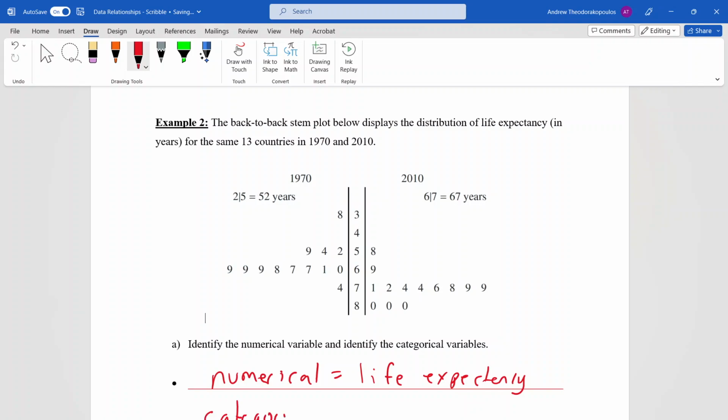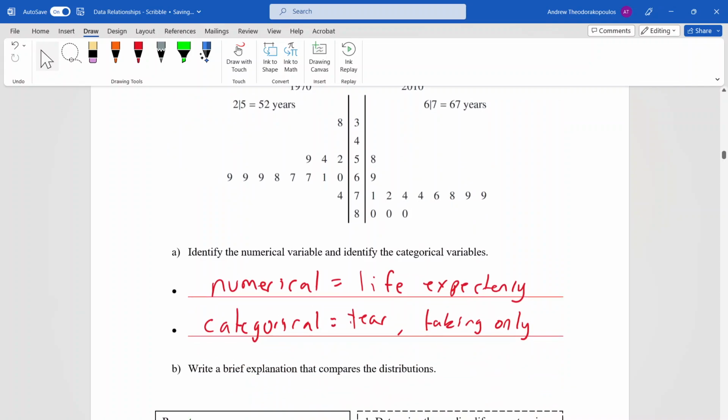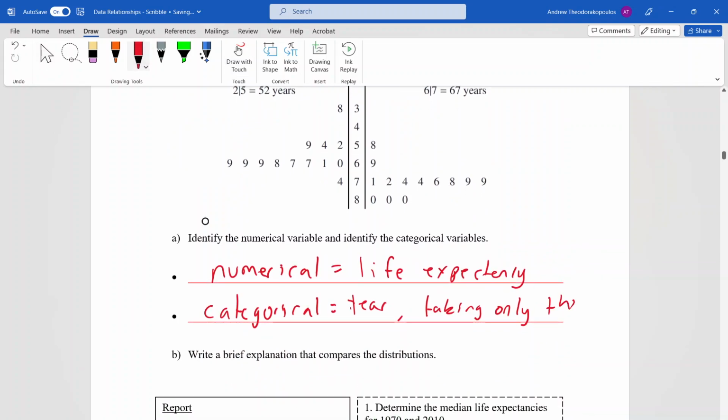And the only reason why this is categorical is because it can only take two values. The year, taking only the values 2010 and 1970.